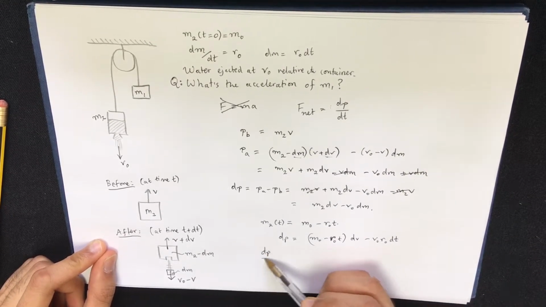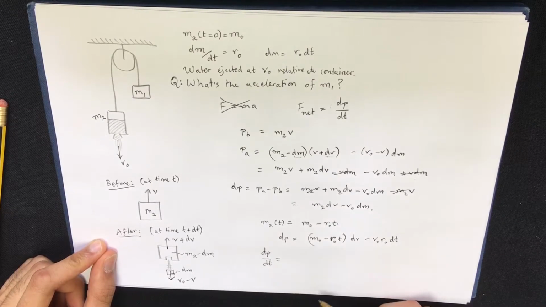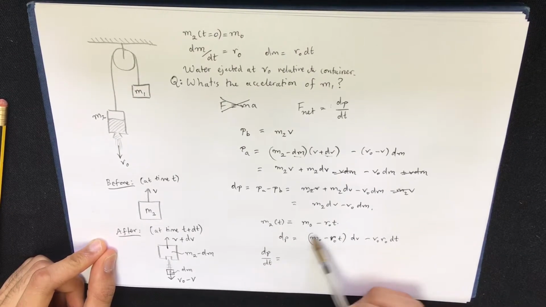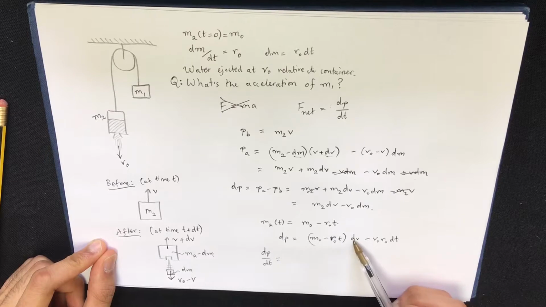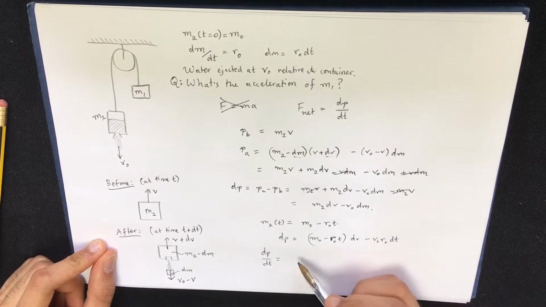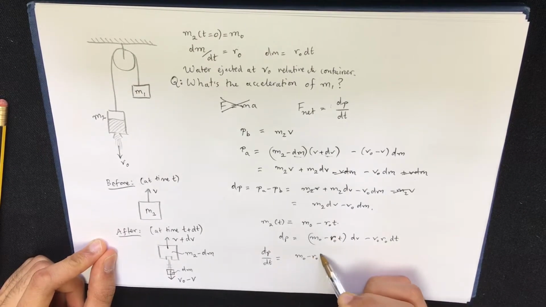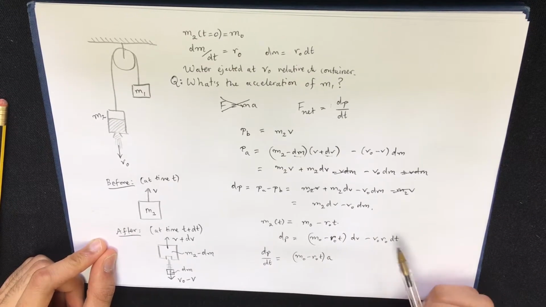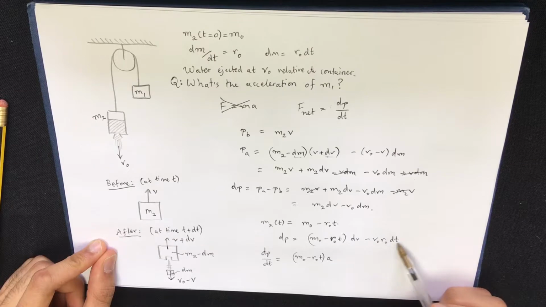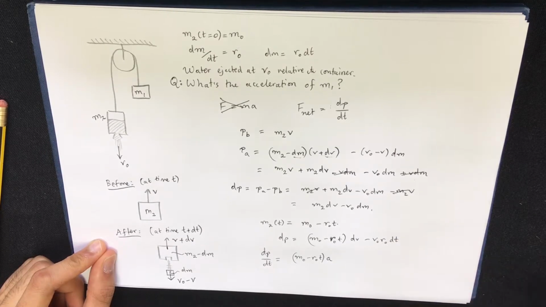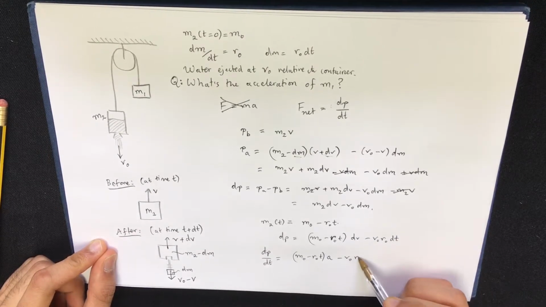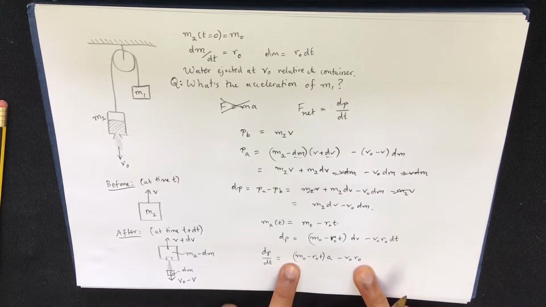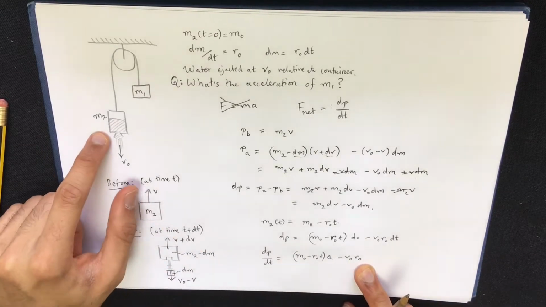So dp over dt is going to be equal to this times dv over dt, which is basically the acceleration. So we've got (m0 minus r0 t) times the acceleration of the second mass. And we basically got this thing cancelling. So dt over here is going to be cancelled, and we're going to get minus v0 r0. So this is our expression for the net force that's acting on m2.